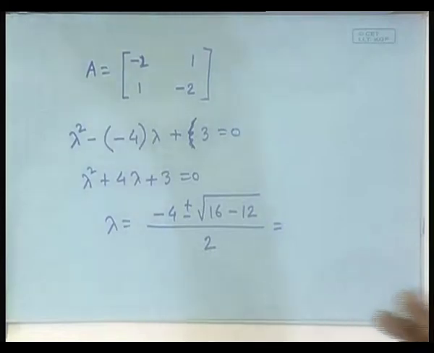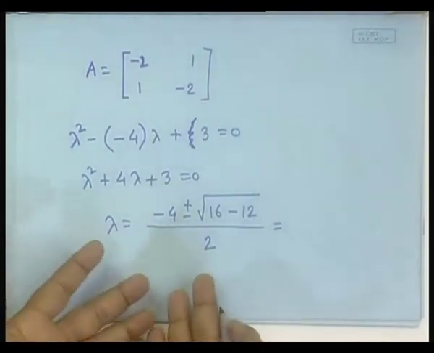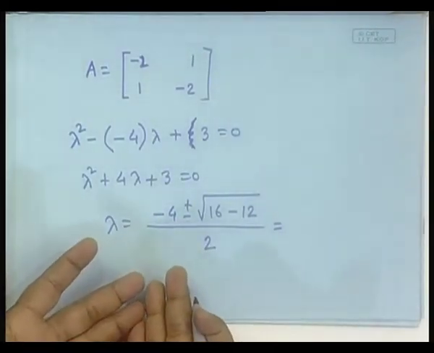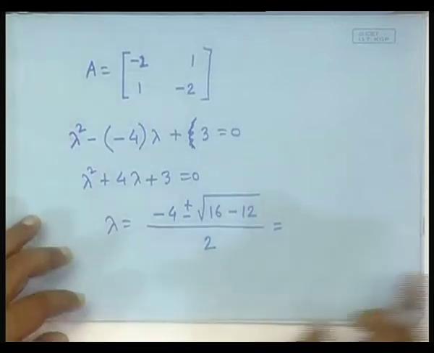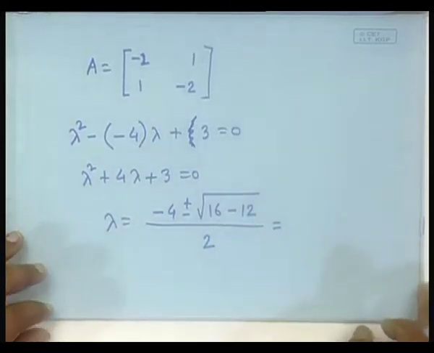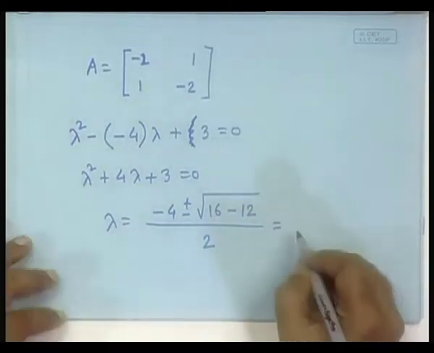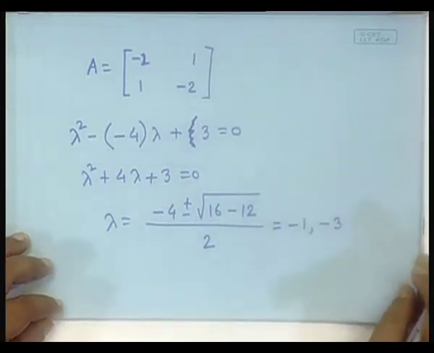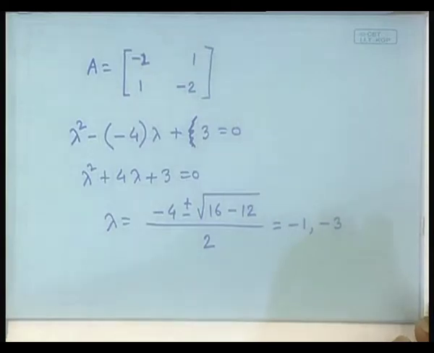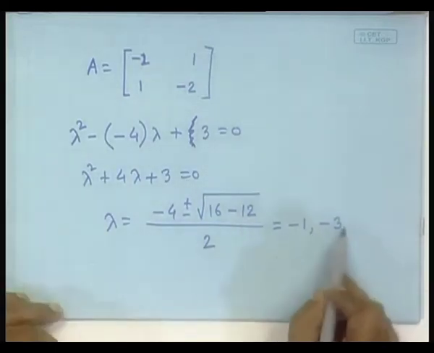See, there is a by 2. Yes, so minus 1 and minus 3. So, you have two solutions, which means that these are the eigenvalues.